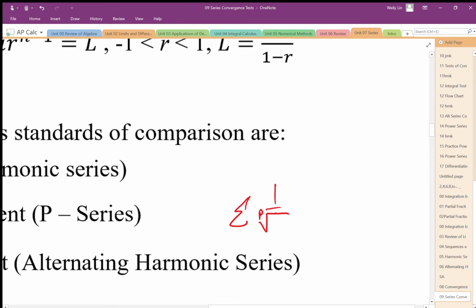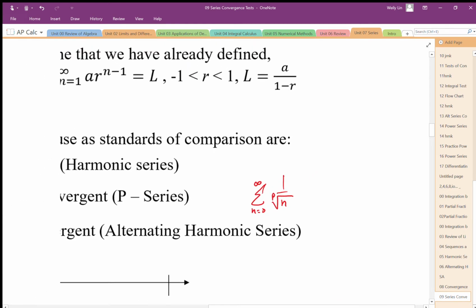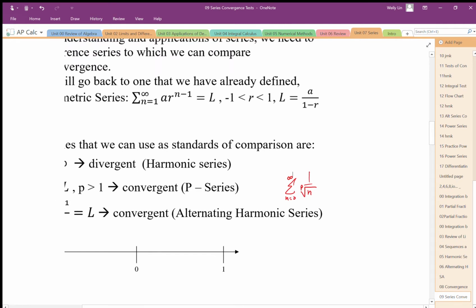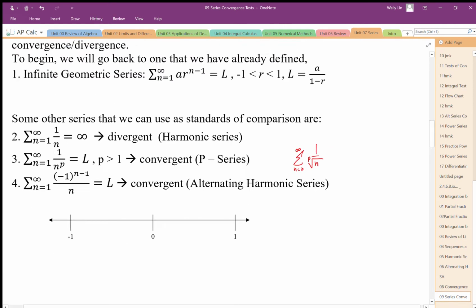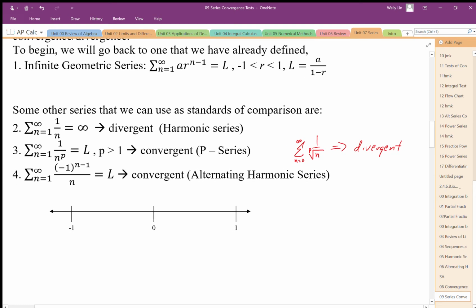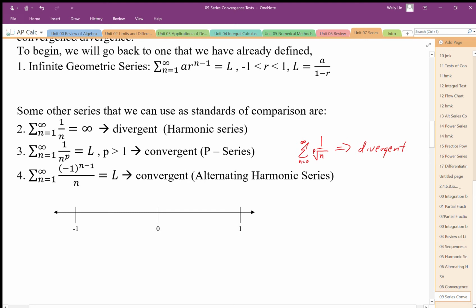So if our series looks like this, when p is less than 1, we know that this is divergent, because it goes to 0 slower than the harmonic series. So that's divergent, and that's also a standard we want to be able to establish.